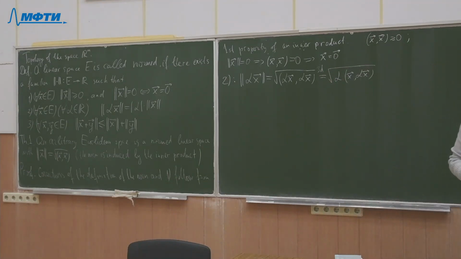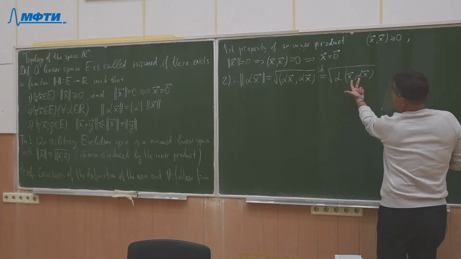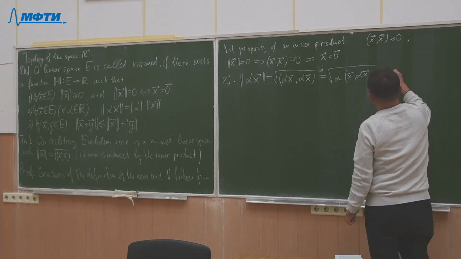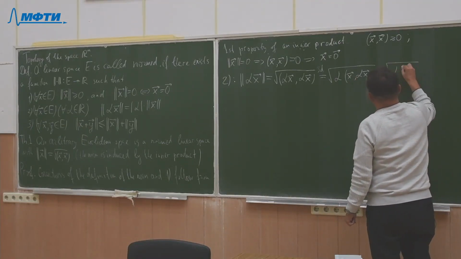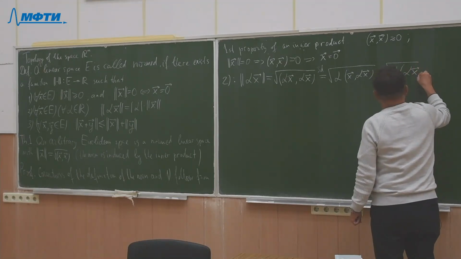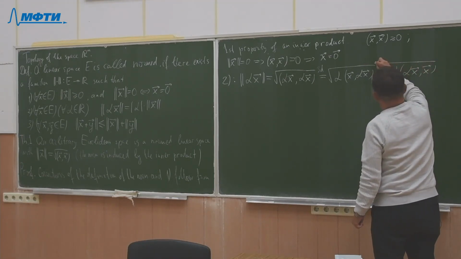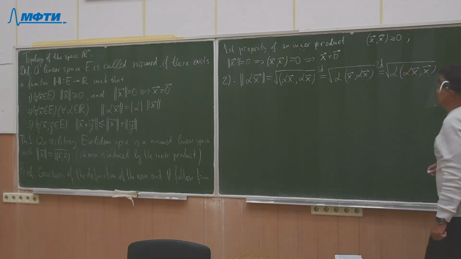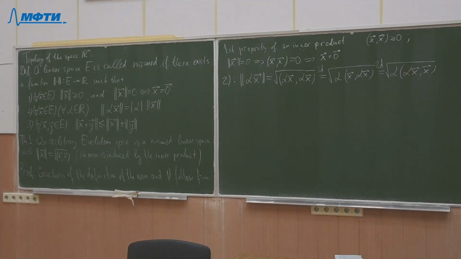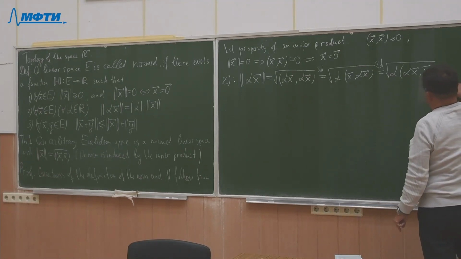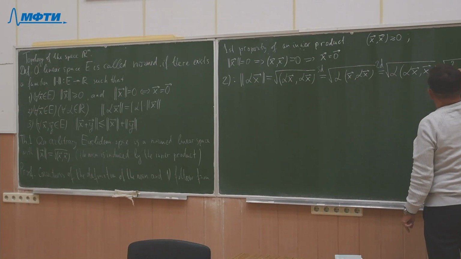Then the second property allows us to change the order. So alpha x x, second property. Once again, third property, put alpha outside: alpha squared times x x.